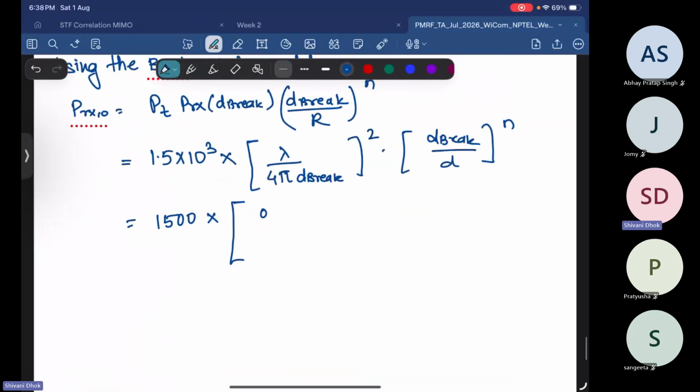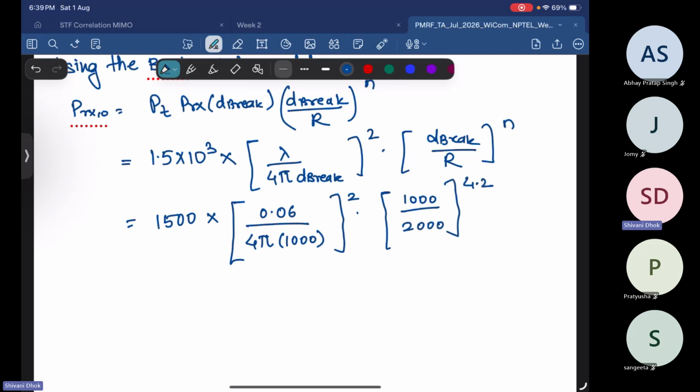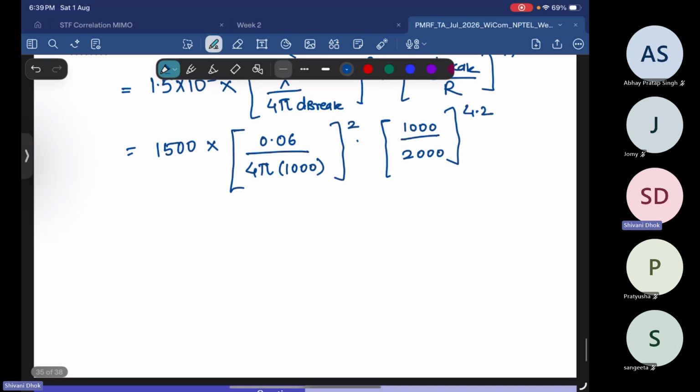So lambda is 0.06 meters upon 4 pi, D break is 1000 meters, whole square into D break is 1000, distance R is 2000 meters to the power 4.2. And if you simplify this using calculators, this comes out to be equal to 1.806 into 10 raised to minus 9.